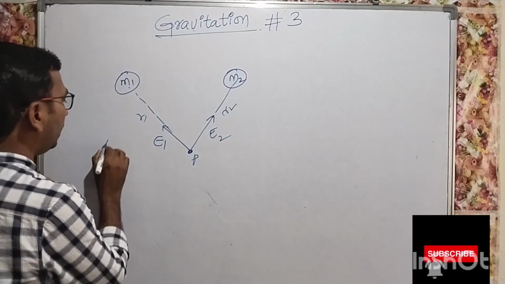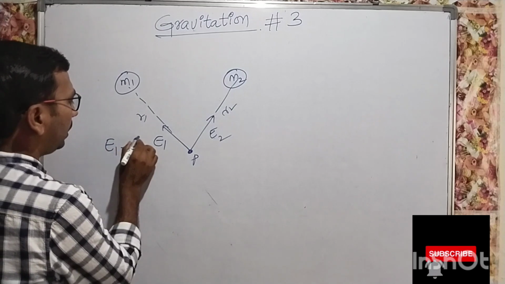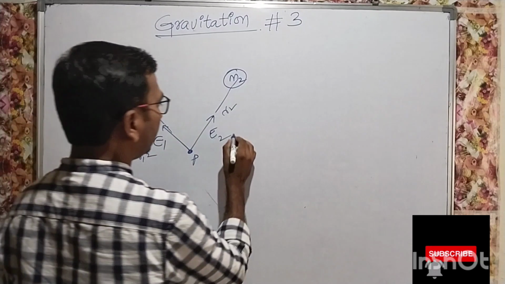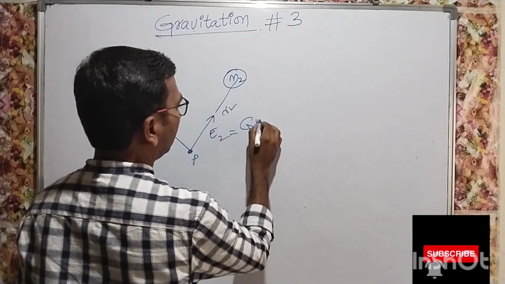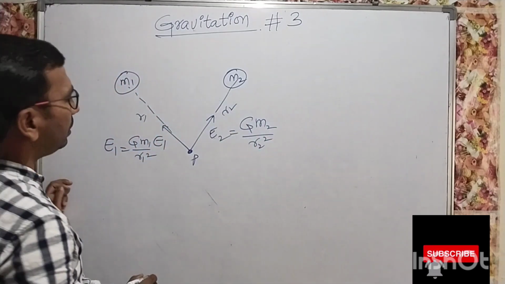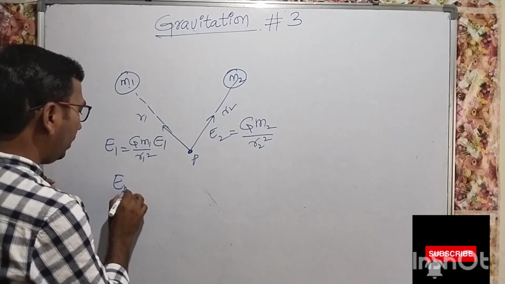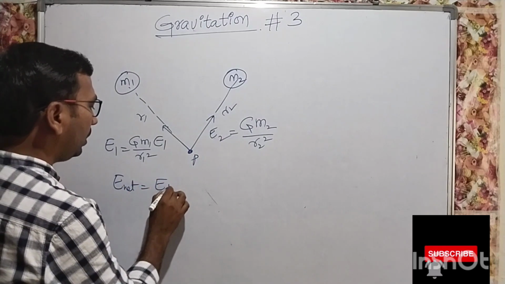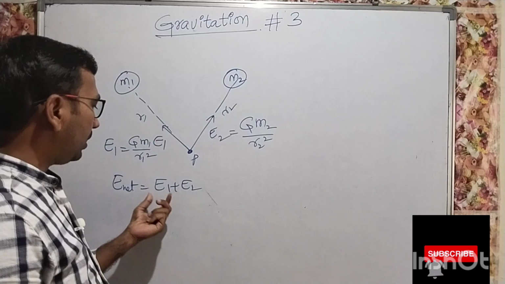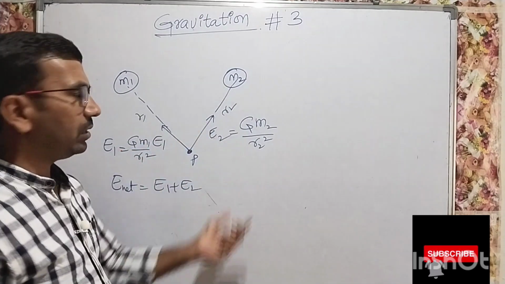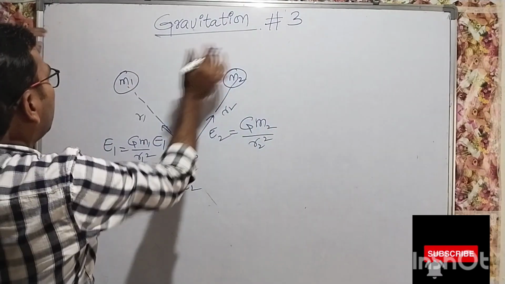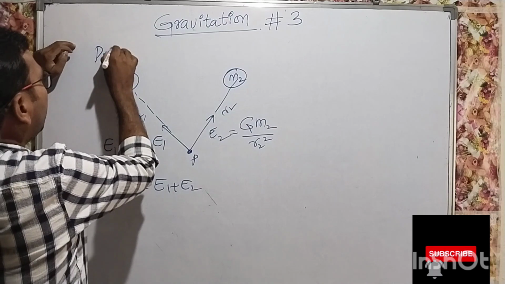E1 is equal to capital G M1 by R1 square. E2 is capital G M2 by R2 square. So the net gravitational field is E1 plus E2, the vector sum of the two gravitational fields. This is the principle of superposition.